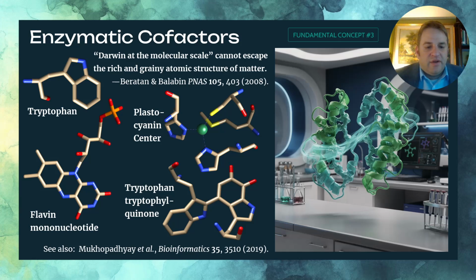You can look at the paper I've cited here to see an extensive list of various biological cofactors that are now known today. But what's interesting is the relationship between their chemical structure, their electronic structure, and the functional properties that they enable in biochemistry.